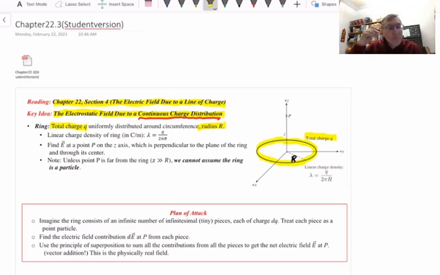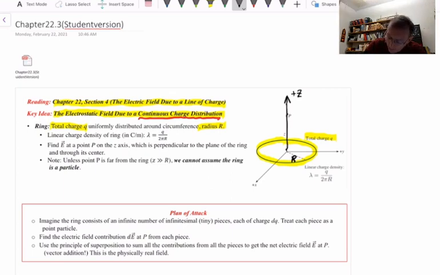Now, to make it a little bit manageable, we're going to pick a special place or a special axis to calculate this electric field for. Notice the ring is in the XY plane with its center at the origin. We're going to pick then a point P that's on the Z-axis. The Z-axis goes through the center of the ring and is perpendicular to the XY plane.